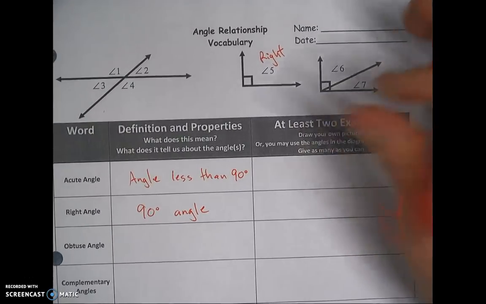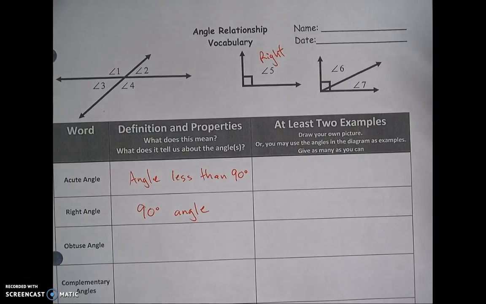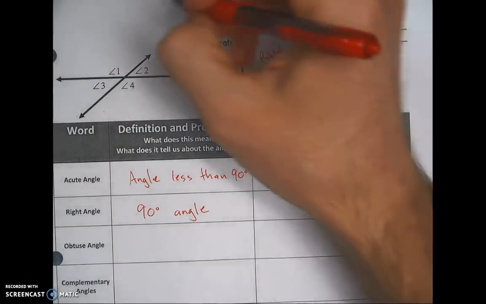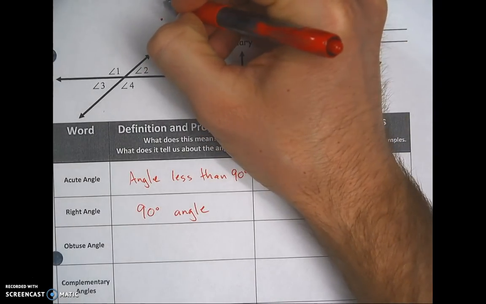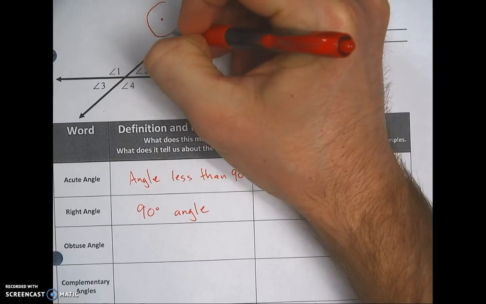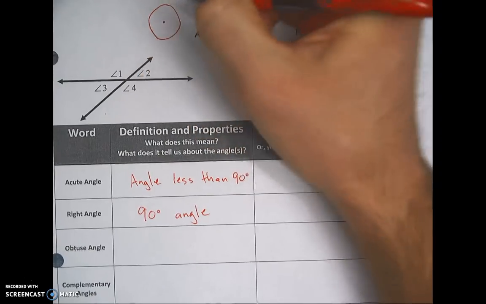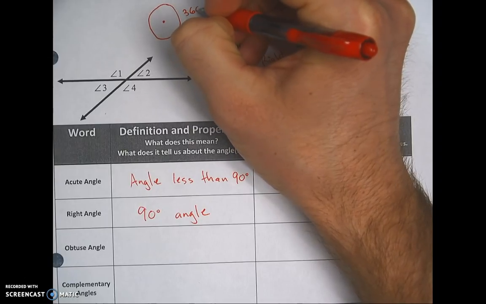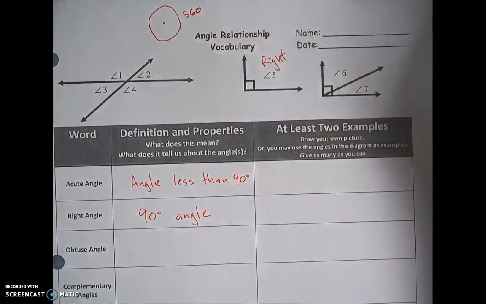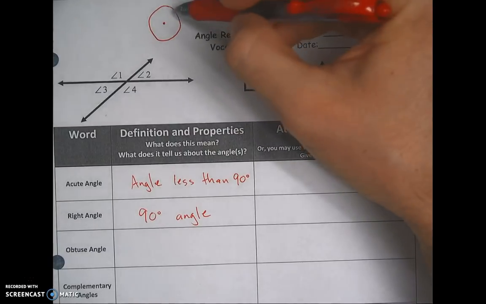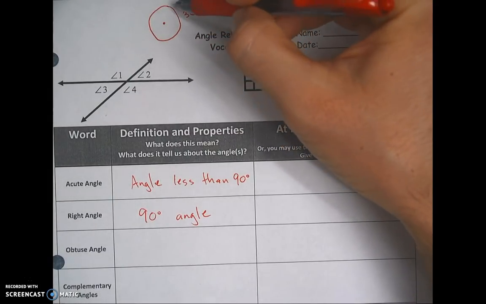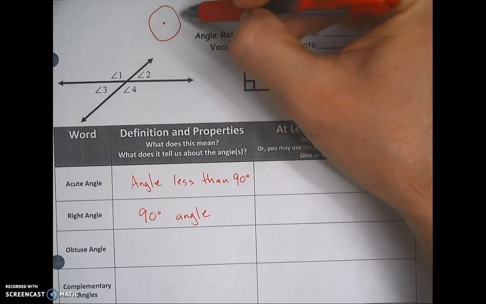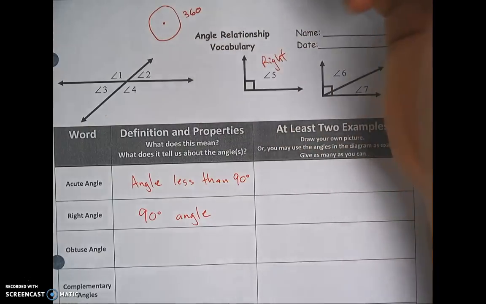Now, we know that's 90 degrees, but do we really understand why? If I asked a lot of you how many degrees is in a circle, all the way around a circle, some of you would tell me the right answer. It's 360 degrees. If you're snowboarding or skateboarding or playing basketball, and you do a dunk where you do a full spin around, a full circle, that's called a 360.